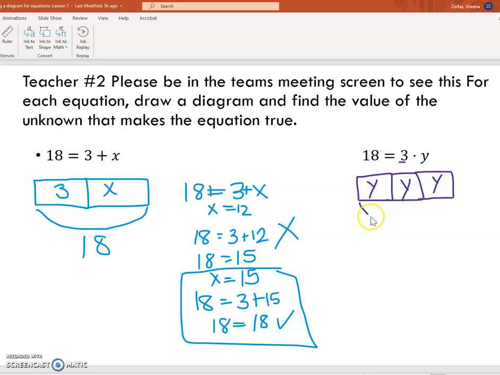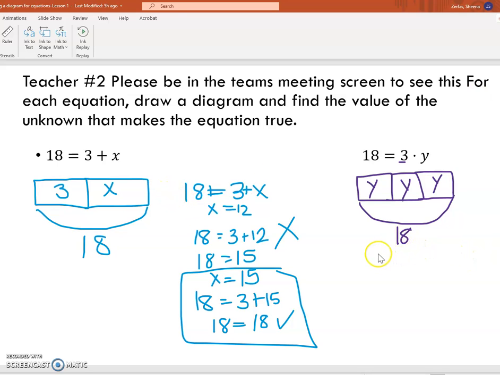Again, I'll bracket those together to indicate that all of them together makes 18. Just like the addition problem, we're going to guess and check to try to find our answer. If you know your multiplication facts, this will be a little bit easier.